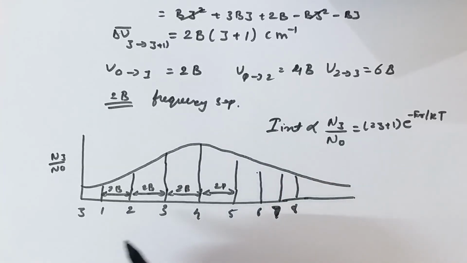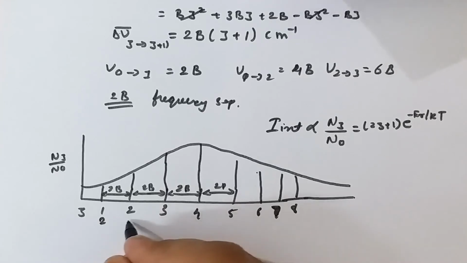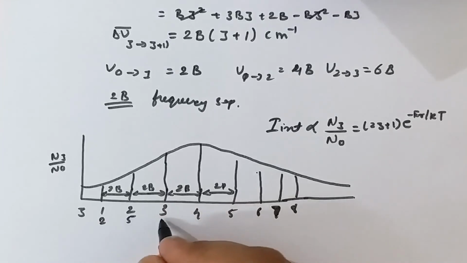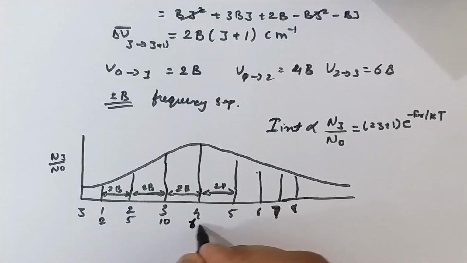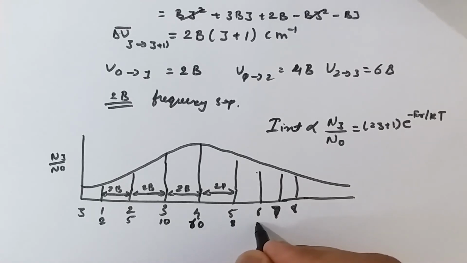Let's explain by taking a simple example. Suppose we have 100 molecules. So in energy level 1 we have 2 molecules, in energy level 3 we have 5 molecules, in energy level 2 we have 10 molecules, in energy level 4 suppose 60 molecules, then in energy level 5 we have say 8 molecules, then 3 molecules, 2 molecules, and 1 molecule.